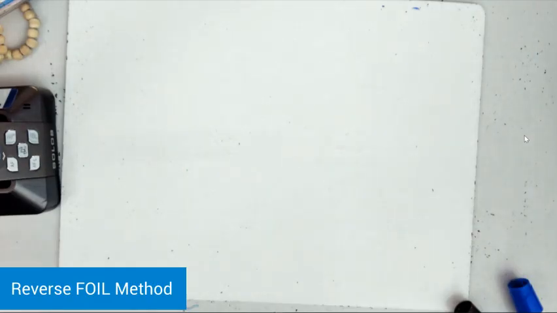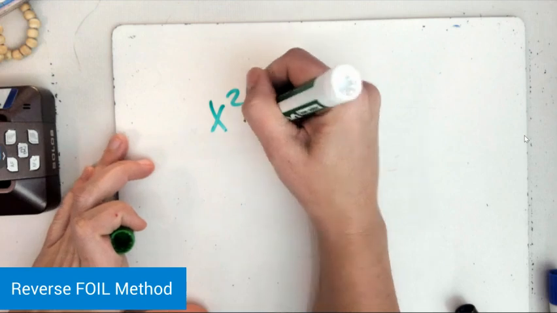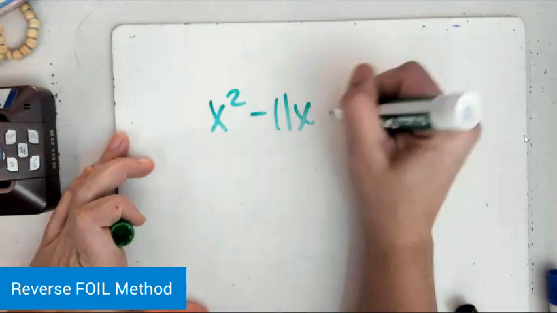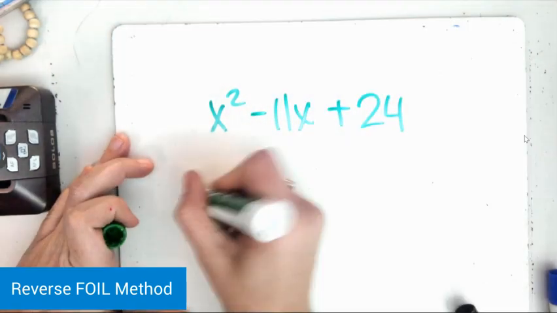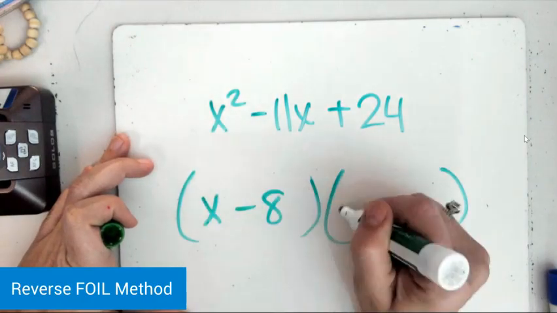What question is it? Number 2. I'm not gonna help with 1 through 6. You can check your own answer, can't you? Multiplying it out, because all you're doing is reverse FOILing. Which one was it? X squared minus 11x plus 24. X minus 8, x minus 3.